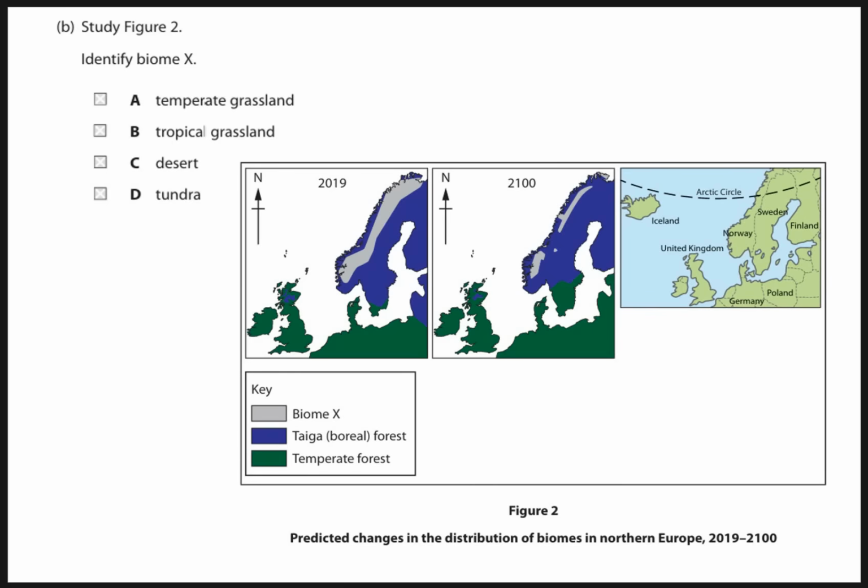So we can immediately rule out tropical grassland and desert, because look where Norway is, up in the Arctic Circle, too cold. Temperate grassland is unlikely, because figure 2 here shows biome X is north of the taiga forest. So the taiga forest is here, so it's north of the taiga forest. What else do we find north of the taiga forest is, of course, the tundra area.